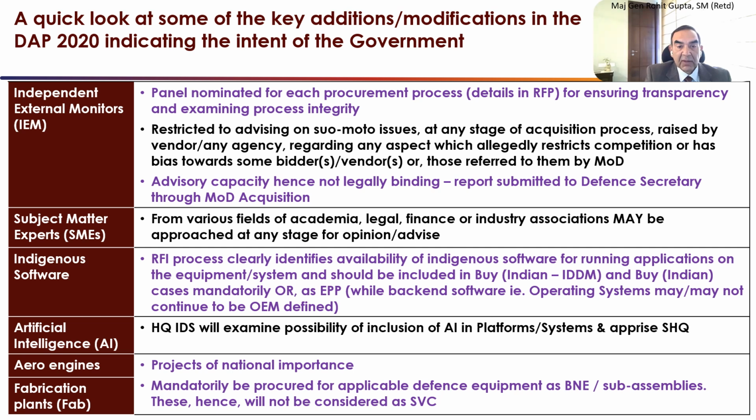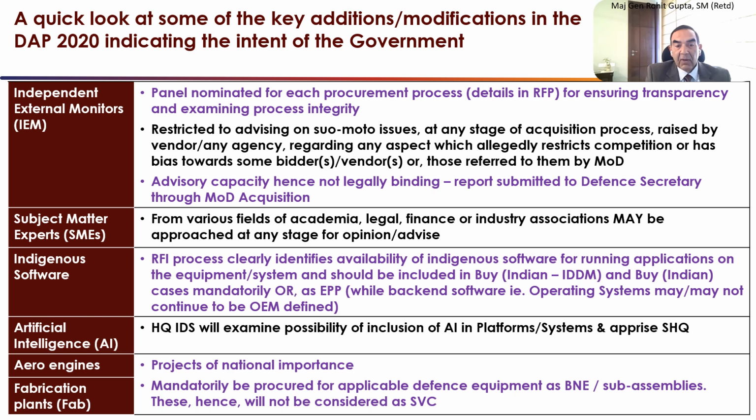Artificial intelligence. These have been included to examine the possibility for inclusion of artificial intelligence in platform systems and apprising the SHQ accordingly. And this has been mandated for the headquarter IDS. Now, two basic projects which are advanced in nature, aero engines and fabrication plants, FAB. Both of them India lacks in a very big way. Both of them have been nominated as projects of national importance.